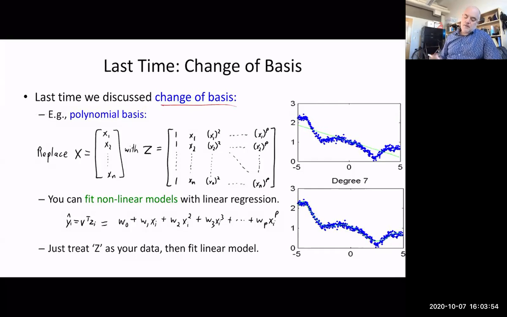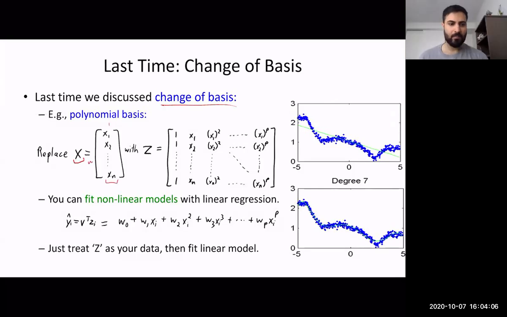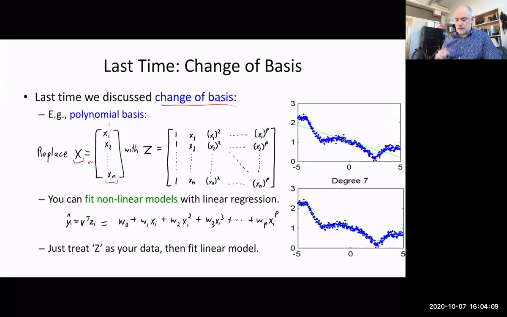For example, we talked about the polynomial basis, where we replace our original data matrix X. We did this in one dimension, so our data matrix X is just n by 1, so it's not so interesting, but we'll get there soon enough.